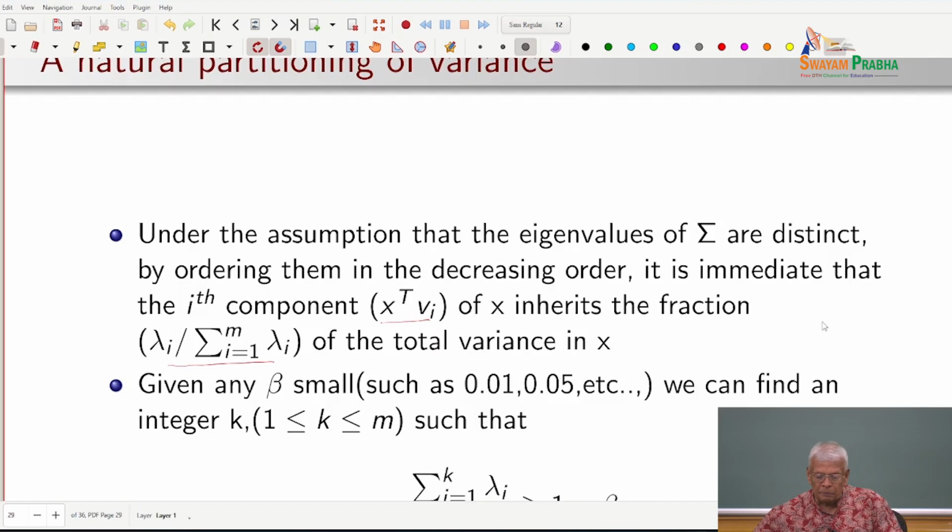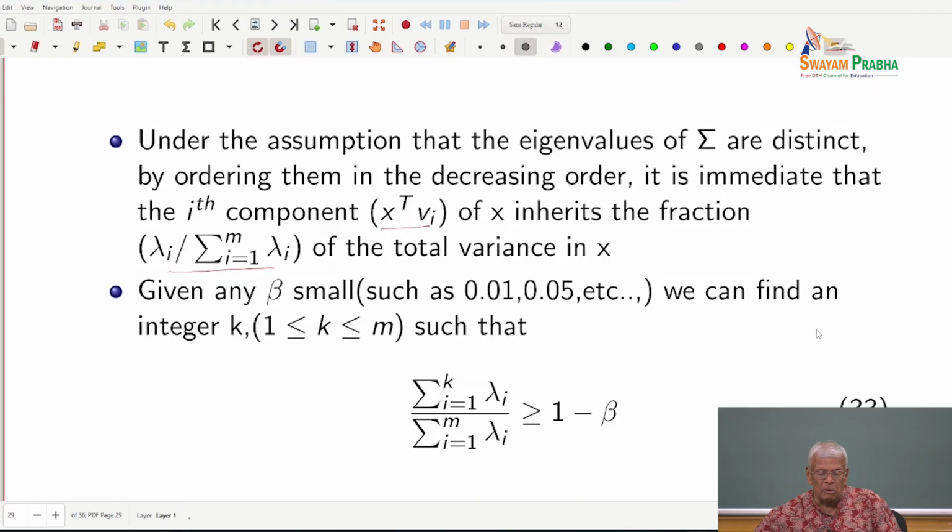Now I am going to pick a small real number beta such as 0.01, 0.05, etc. So given beta, which is small and positive, I want to be able to find an integer k, with k running from 1 to m, such that the ratio of summation lambda i, i equal to 1 to k, divided by summation lambda i, i equal to 1 to m, is greater than or equal to 1 minus beta.